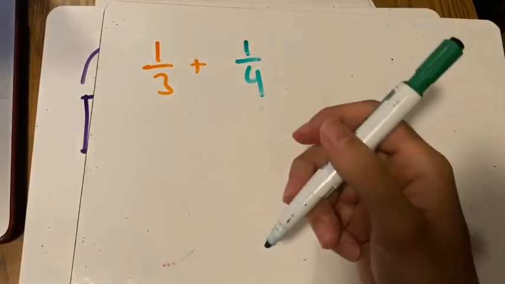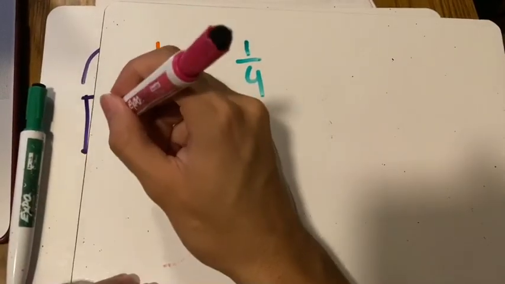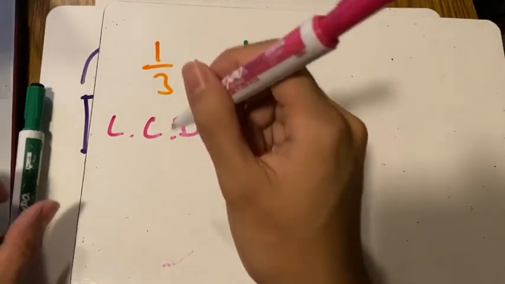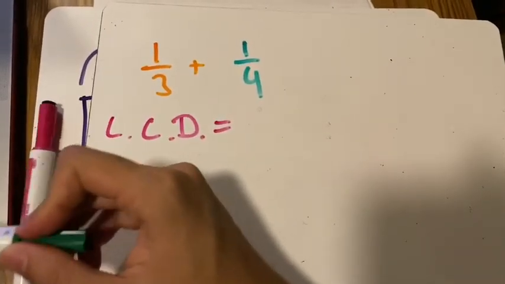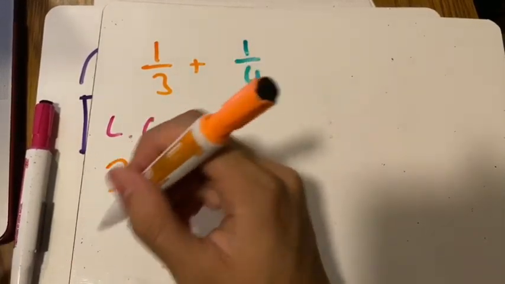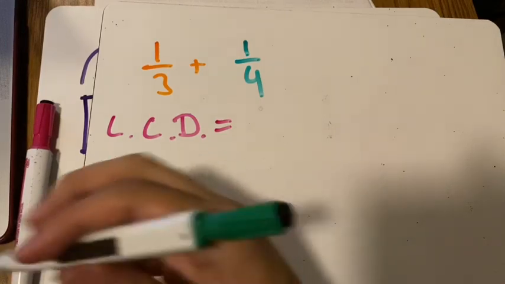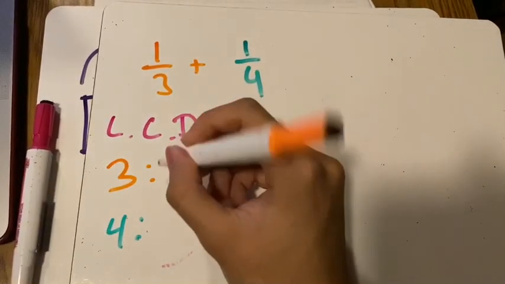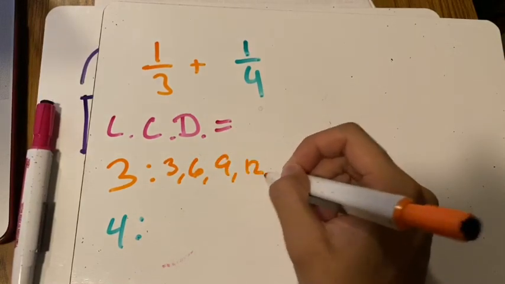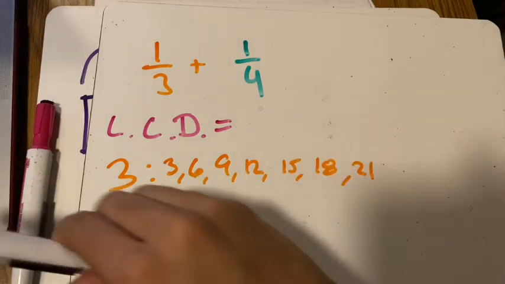Now, one thing I'm noticing, everybody, is that my denominators are not the same, so I'm gonna have to find my least common denominator, right? And hopefully by now it's become a lot easier. I have a denominator of 3 and a denominator of 4. Let's go ahead and skip count and find out which one they have in common. I have 3, 6, 9, 12, 15, 18, 21, and I'll stop right there.